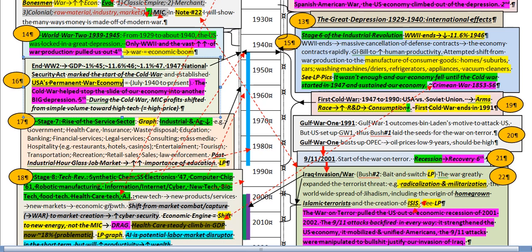Those are all services. Very important part of our economy now, right?